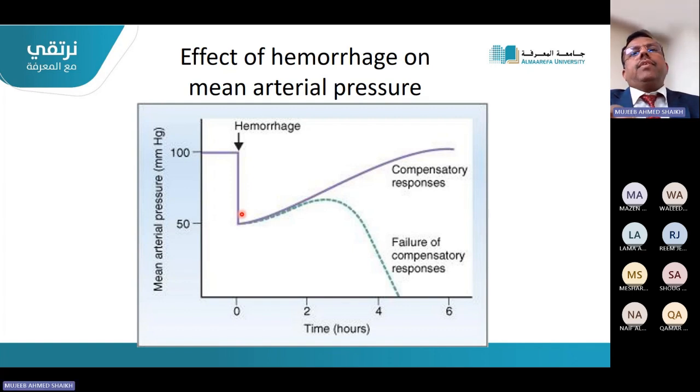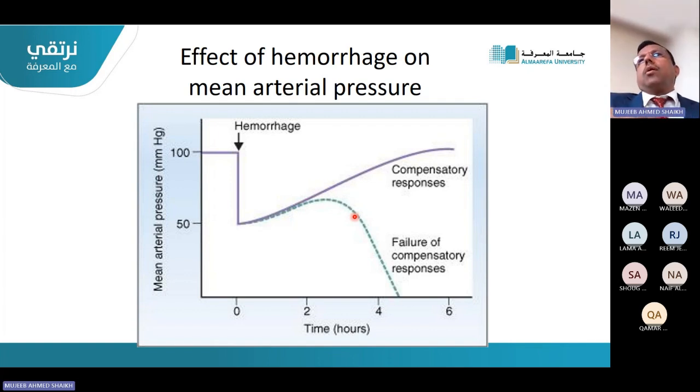Mean arterial pressure becomes 50. The person is suffering from shock now. But due to compensatory changes, in about 4 to 6 hours, it will reach the normal. This is called the compensated stage of shock. But if the loss is more and the compensatory mechanism is not sufficient, then the failure will lead to death of the person. The cells will not recover from the hypoxia.